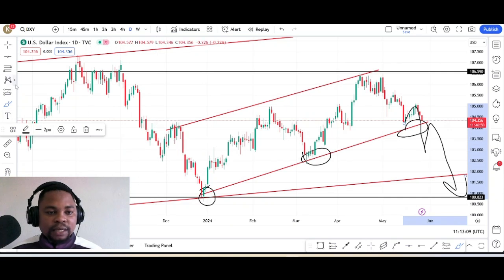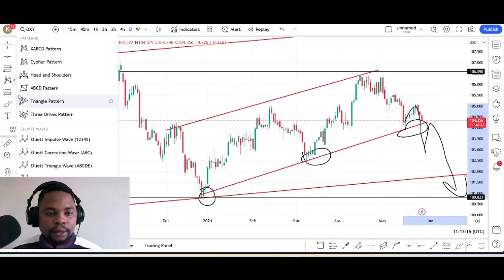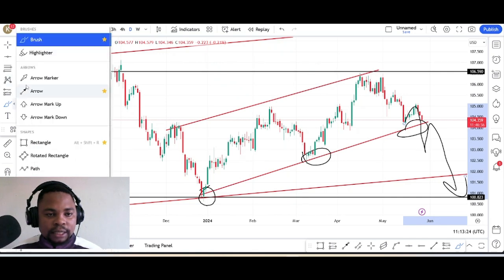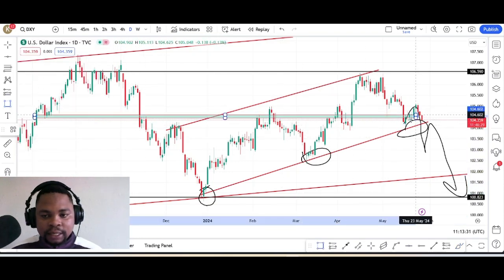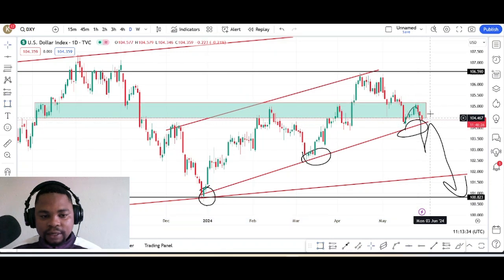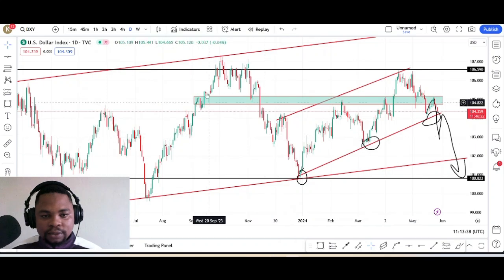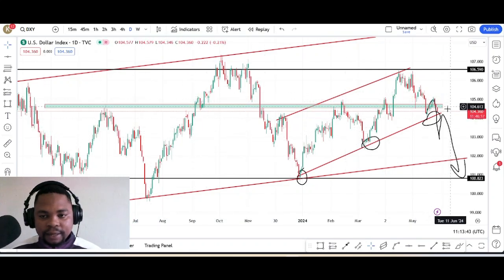So I think it's best for us to start introducing our zones and see where that takes us. There is a zone that I'm deeming important. This zone is a very important point of interest in our graph, because as you can see, it even goes further up there.